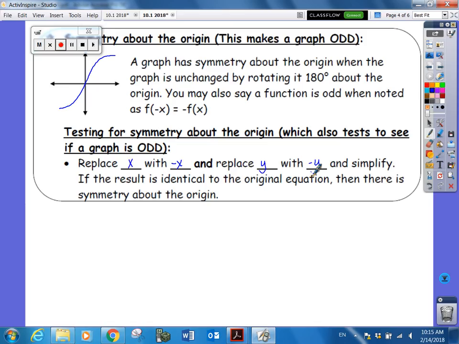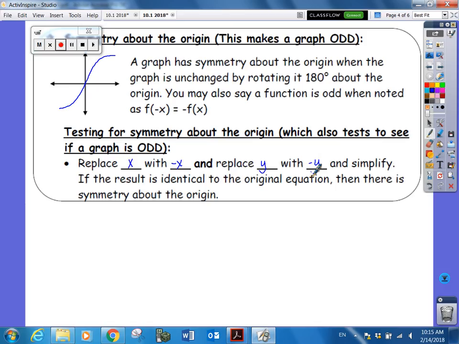And again, you simplify if you need to. Sometimes you don't have to simplify. Sometimes when you look at it, it's very easy to tell whether it is or is not going to have symmetry about the origin. But sometimes you need to simplify just to make sure. Okay, so those are the ways algebraically that you test for symmetry. And if the answer is yes, when it's about the origin, it's odd.